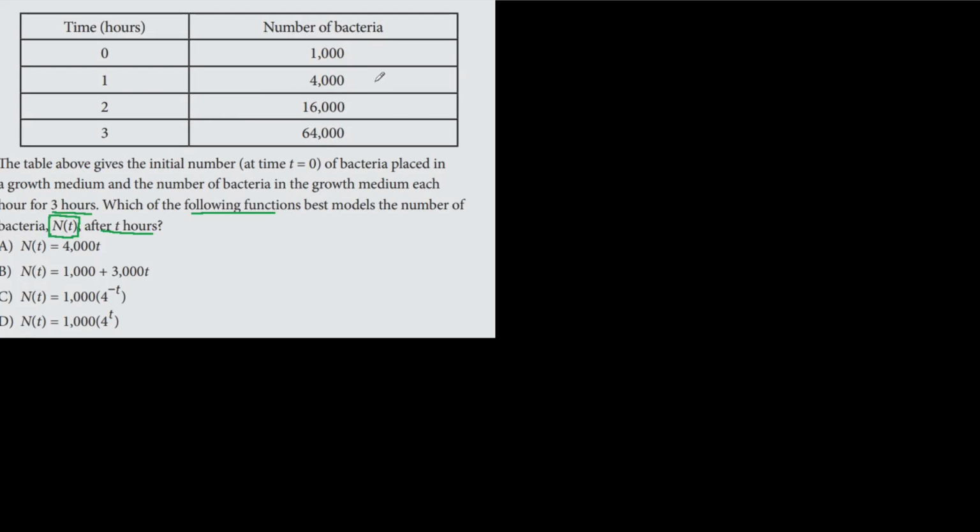So the first thing that you want to do is get a gauge of how much the growth is. What's the change? Is it constant or not? So right here, I can already tell that this is an exponential function, because you have exponential behavior. 4 times 4 is 16. 16 times 4 is 64, right?